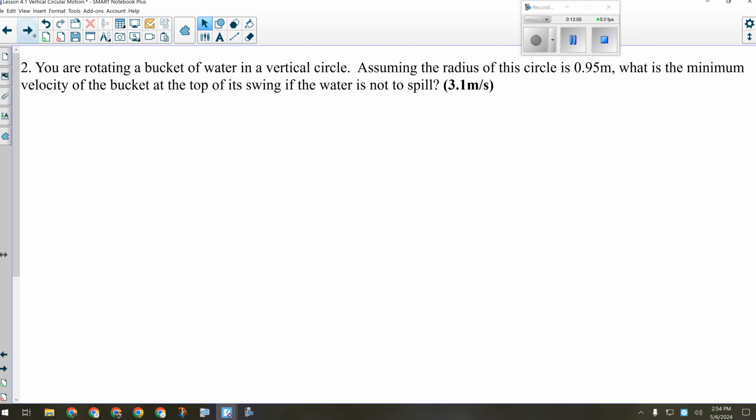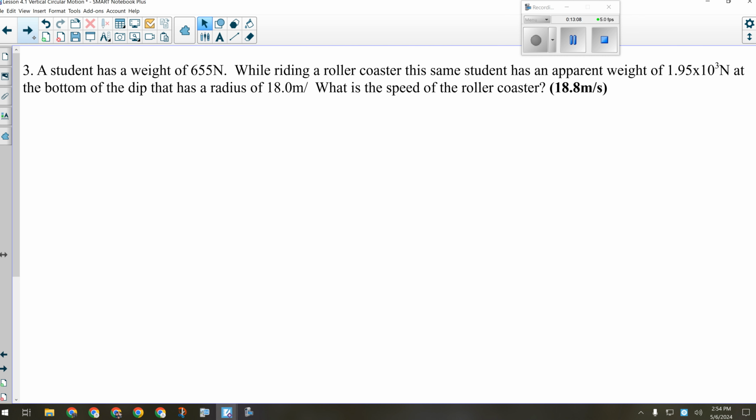All right, for number 3. A student has a weight of 655 newtons. What did they give me? Fg. They gave me Fg. While riding a roller coaster, this same student has an apparent weight of 1,950 newtons.